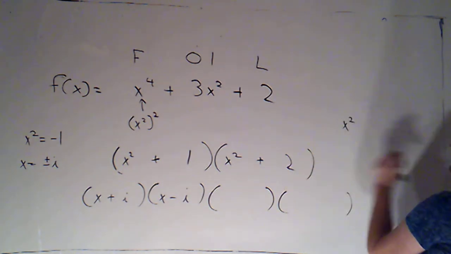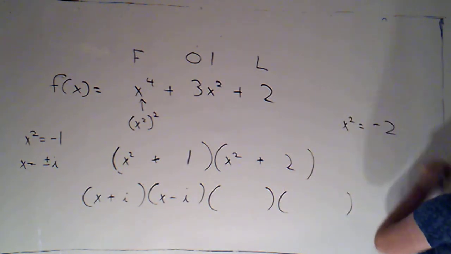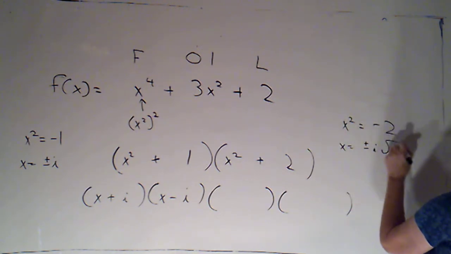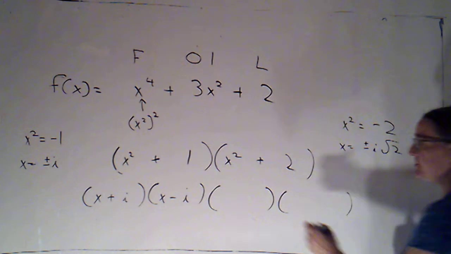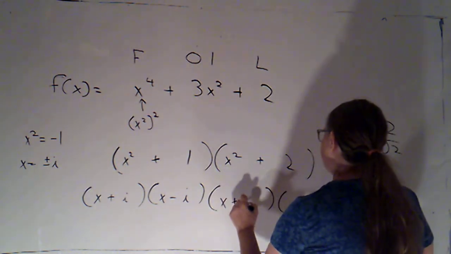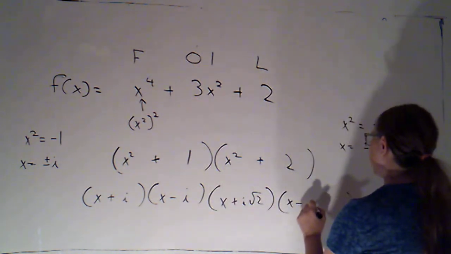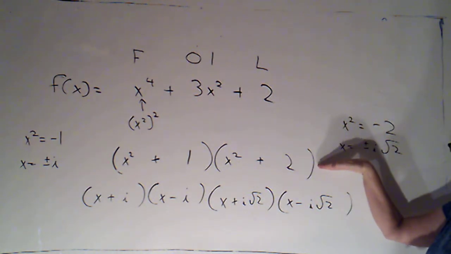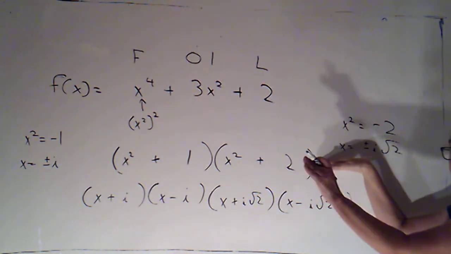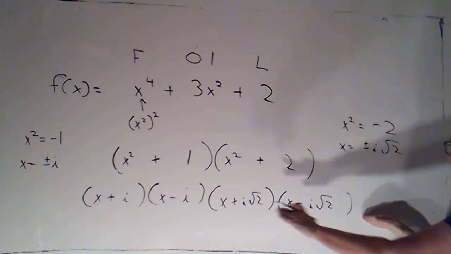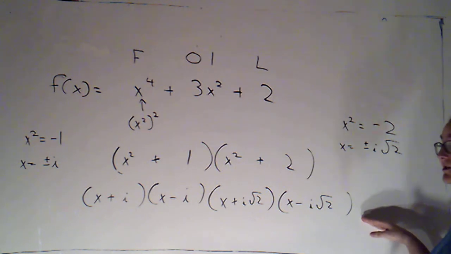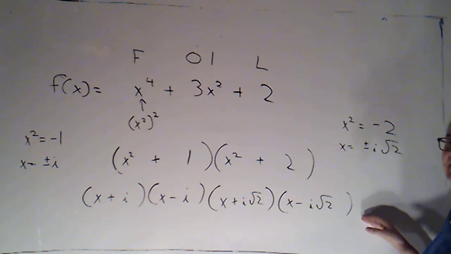If x squared would have to equal negative 2, x would be plus or minus i times the square root of 2. So I'd have x plus i root 2, x minus i root 2. So this would be completely factored over the real numbers, and there would be no real zeros. This would be completely factored over the complex numbers, and there would be 4 complex zeros: i, negative i, i root 2, and negative i root 2.